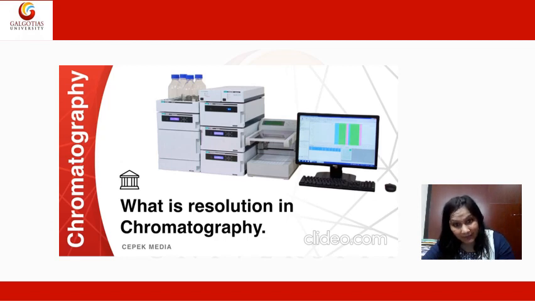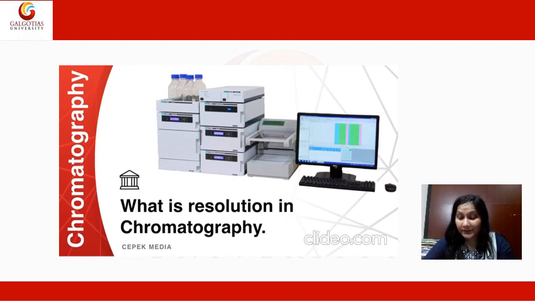Similarly in chromatography, resolution means the capability of the instrument to chemically distinguish two components which have almost the same retention time, not exactly the same, because the retention time is a specific character of any chemical component.